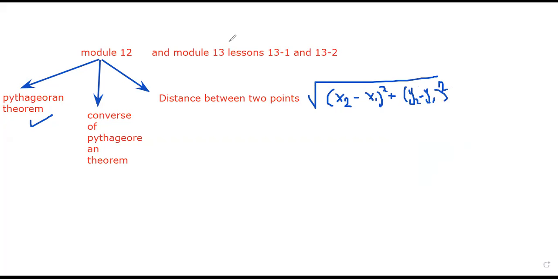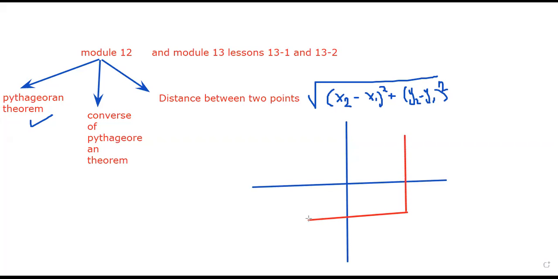Don't forget that maybe we have a question in the coordinate plane like this, and they can say, I have this side and this side, and I'm looking for the hypotenuse. Then how will you find it? We have different ways.